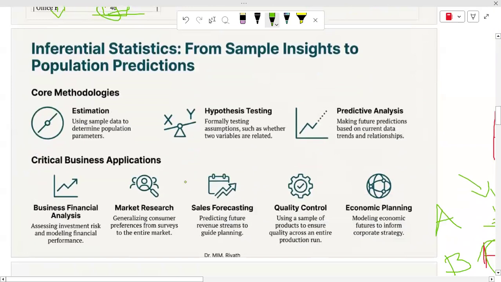Now we come to inferential statistics. Infer, generalize: by observing a few cases from a particular population, the observation may be generalized to the population. So that's why I tell you about sample insights to population prediction in your blood report.